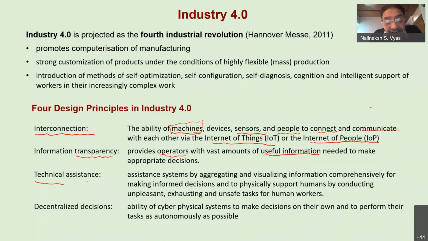Technical assistance can be provided wherever necessary through human intervention or through artificial intelligence. Human intervention, like sitting here in Bangalore and controlling our mission to Mars, controlling the Mangalyaan from here.